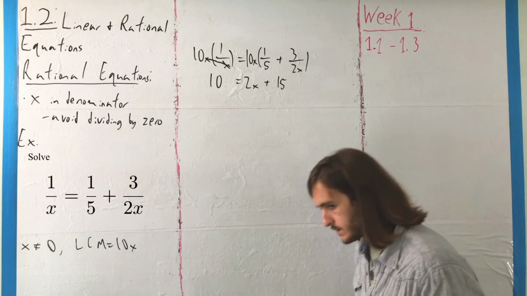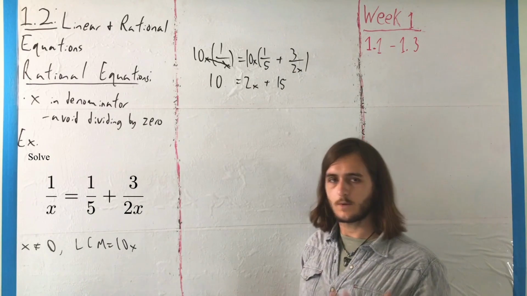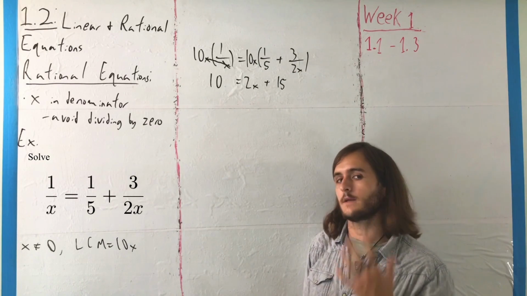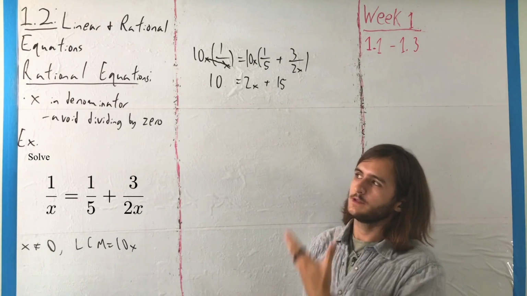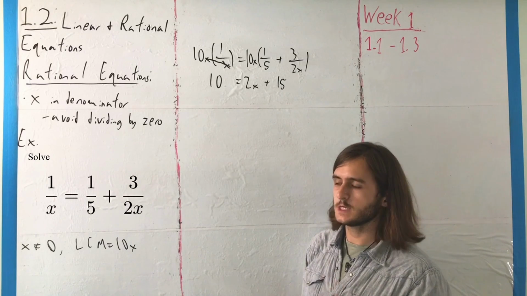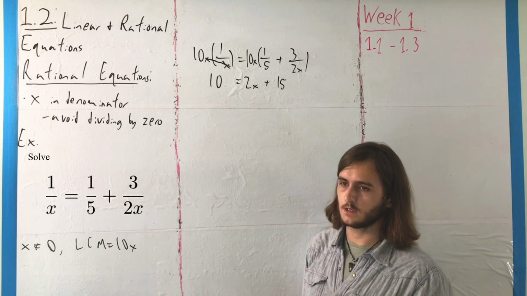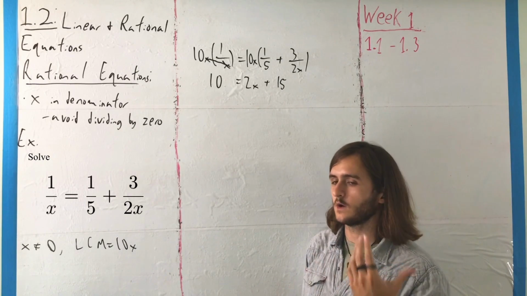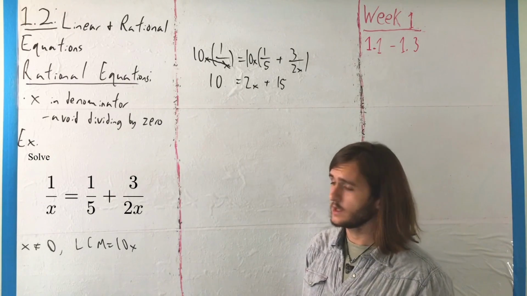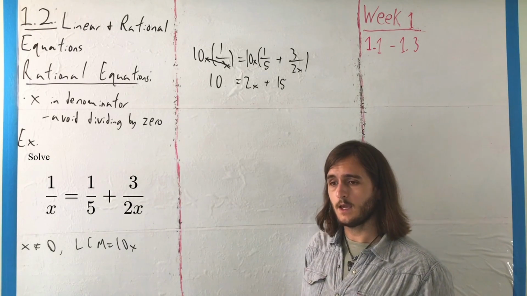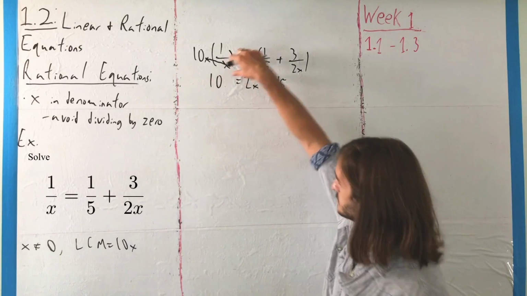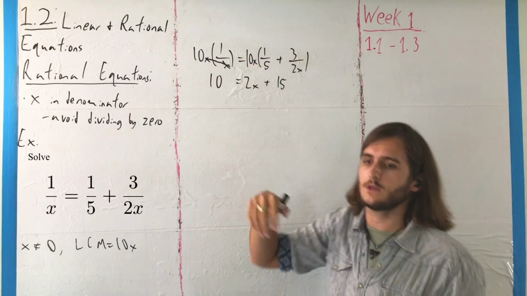Something really important to note about rational equations, just to take a pause for a second: with a little bit of manipulation, they're very, very close to being linear or other types of polynomials that we'll see later. There's a very close relationship. And you might think, are these exactly the same? Are they equivalent?